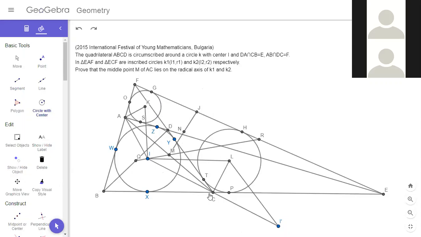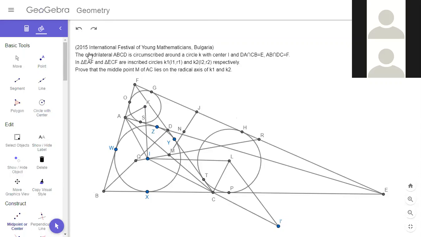Let's think about this. So M, C, what is the midpoint of KL? Let's see. By the way, is LMN also similar to these two triangles? MN what?